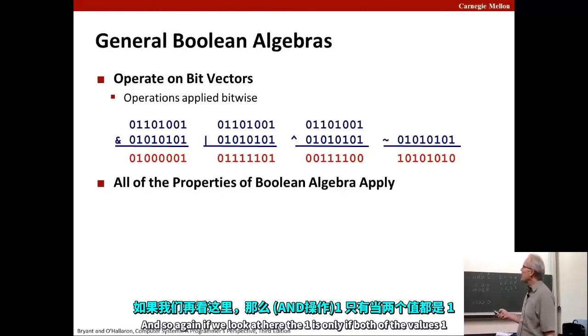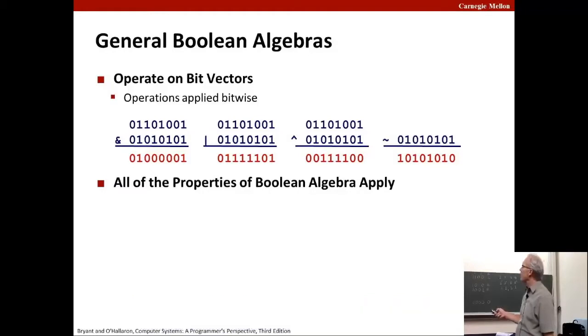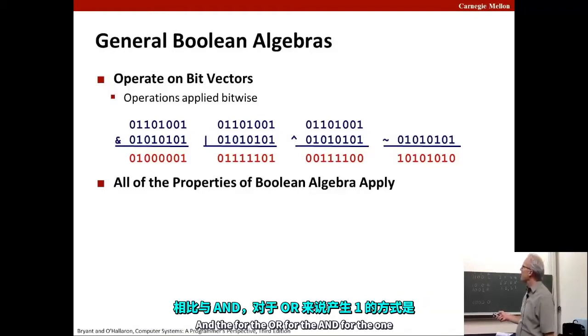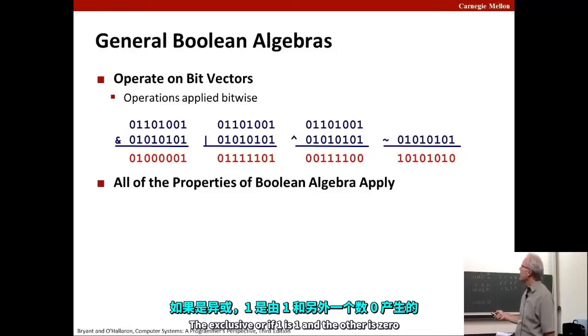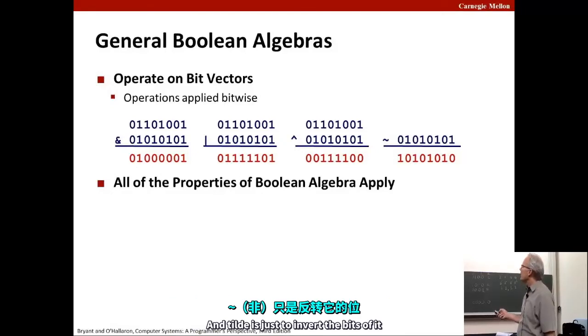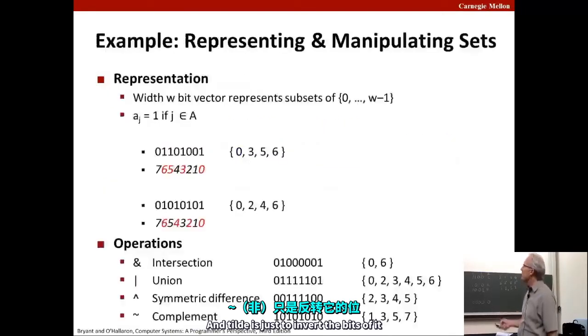And so, again, if we look here, the AND result is 1 only if both of the values are 1. For the OR, it's 1 if either of them is 1. The exclusive OR is 1 if one is 1 and the other is 0. And tilde is just to invert the bits.